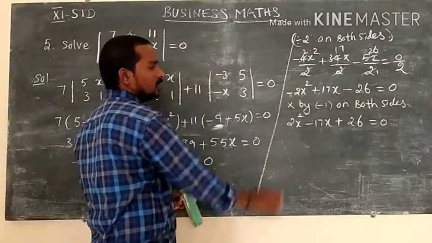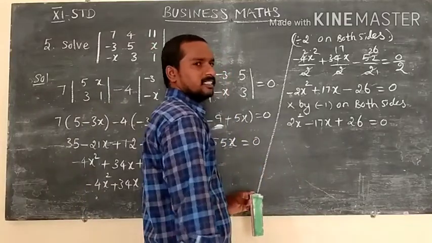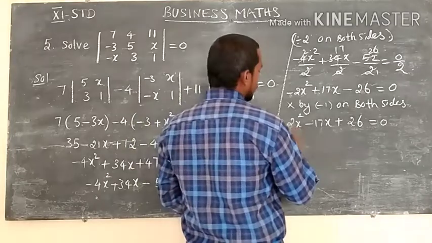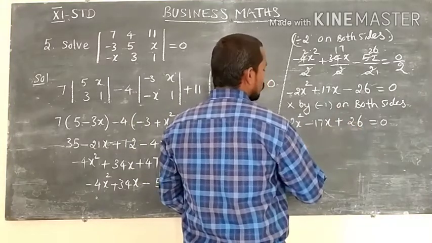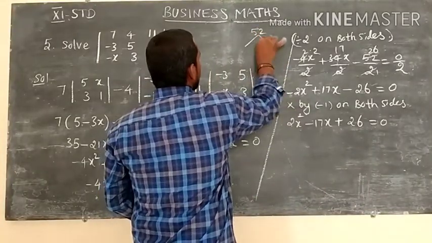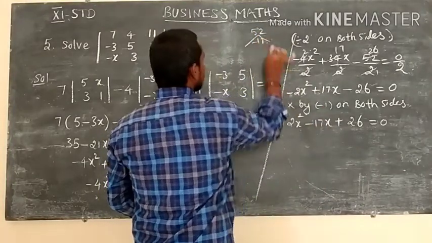Now we get the quadratic equation. We already know the factorization method; here we use it. The product of the coefficient of x squared with the constant, 2 times 26, is 52, and the middle value is minus 17.